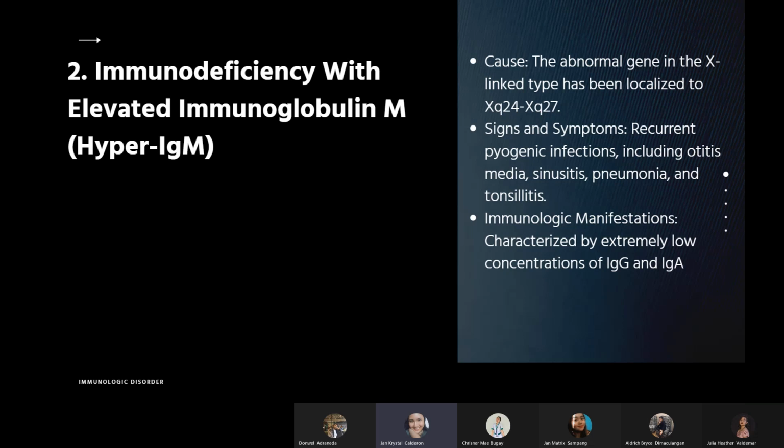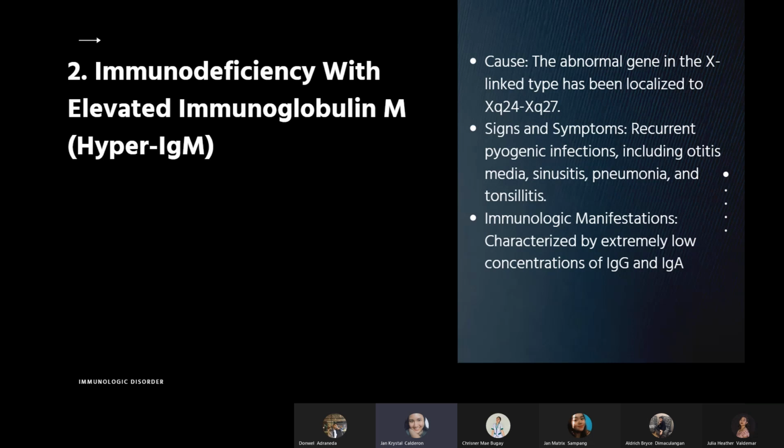Immunodeficiency with elevated immunoglobulin M, or hyper-IgM. Its cause is an abnormal gene in the X-linked type that has been localized to Xq24 to Xq27. As for signs and symptoms, it occurs in the first or second year of life with recurrent pyogenic infections including otitis media, sinusitis, pneumonia, and tonsillitis.